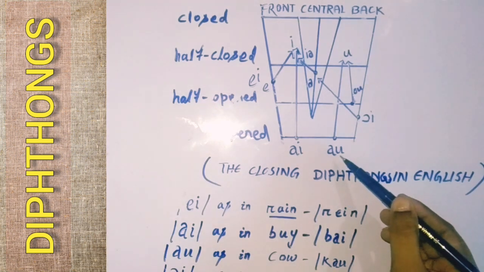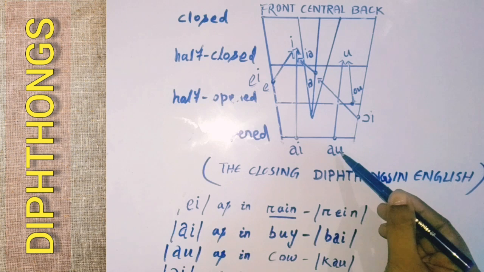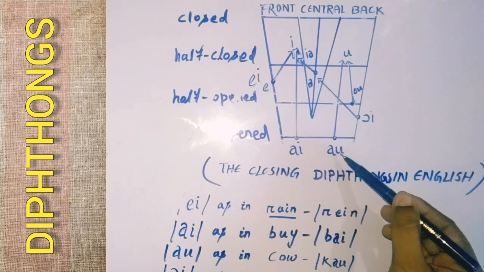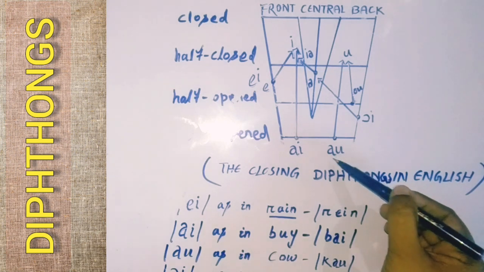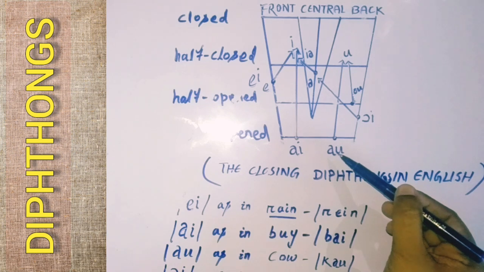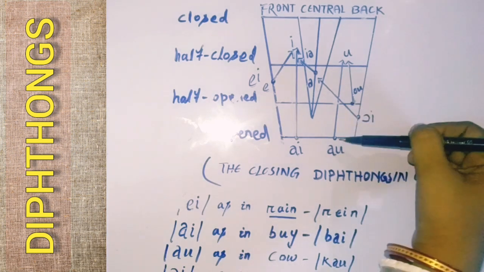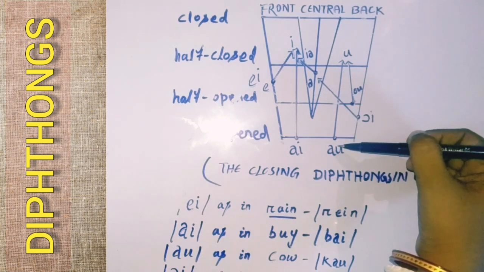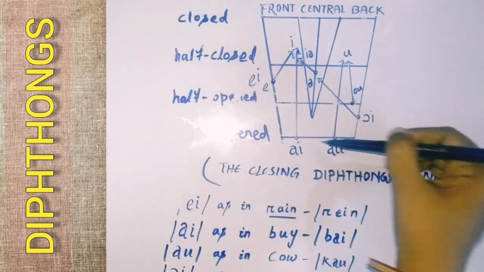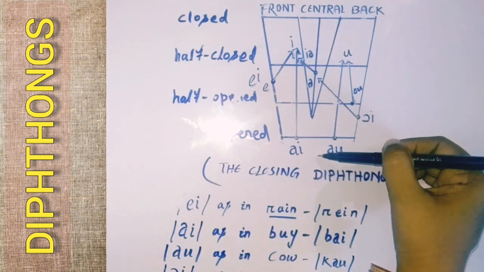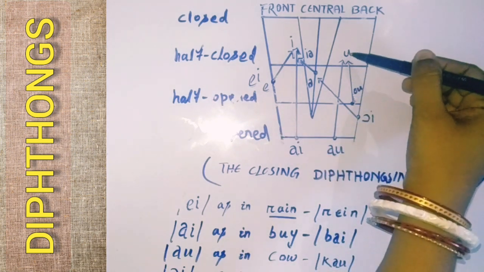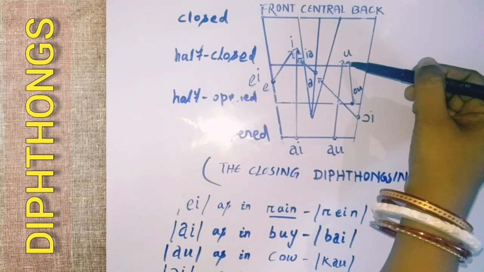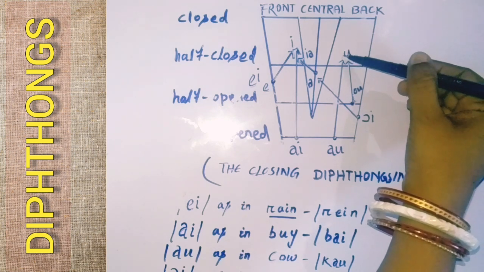And then next we have the gliding vowel /aʊ/. During the articulation of this diphthong, the tongue glides from a back short unrounded vowel in open position, moving to a centralized back rounded vowel, that is /ʊ/.